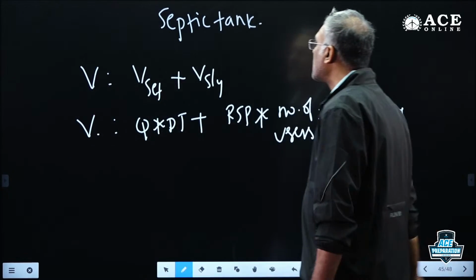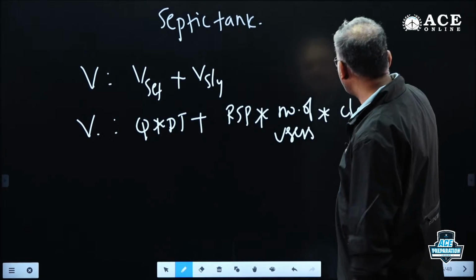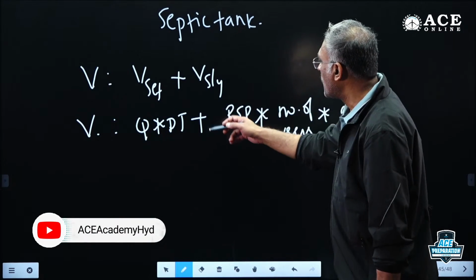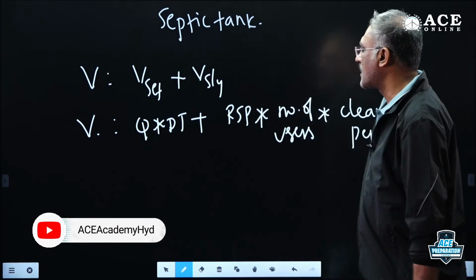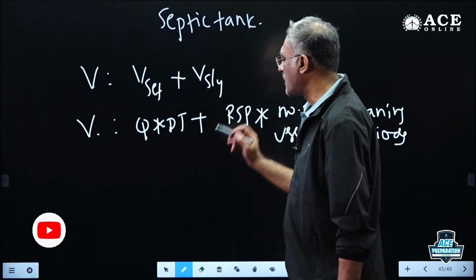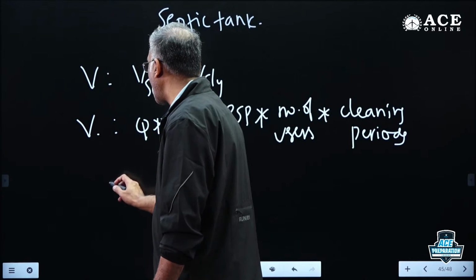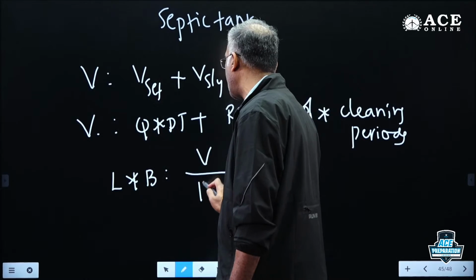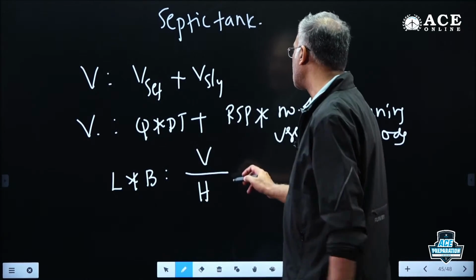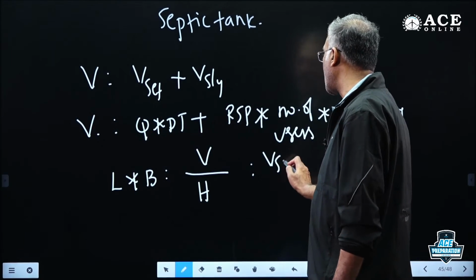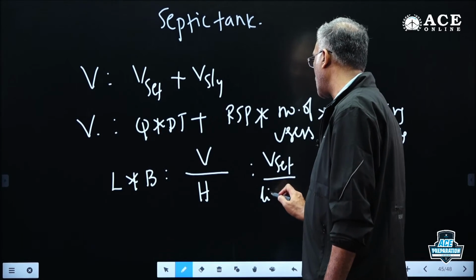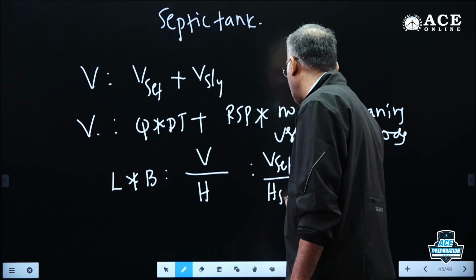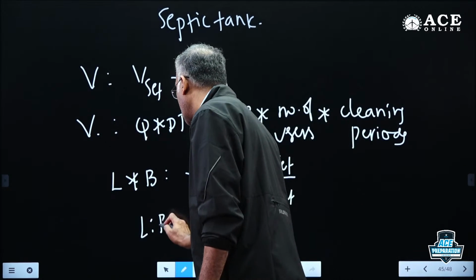Sometimes they will ask what cleaning period is required. Sometimes they will ask at what rate sludge is produced, or sometimes the size of the septic tank. Once you get the volume, length into width of the septic tank is equal to the volume of the septic tank by the depth of the septic tank. Or you can take the volume of the settling zone by the liquid depth, or the depth of the settling zone, and work it out. The length into width ratio is given to you.